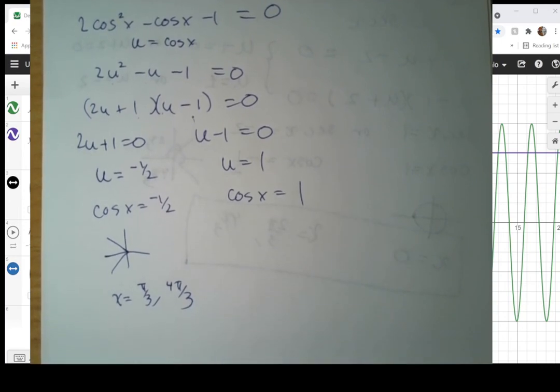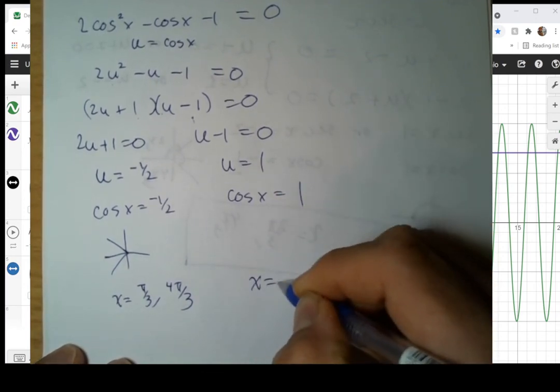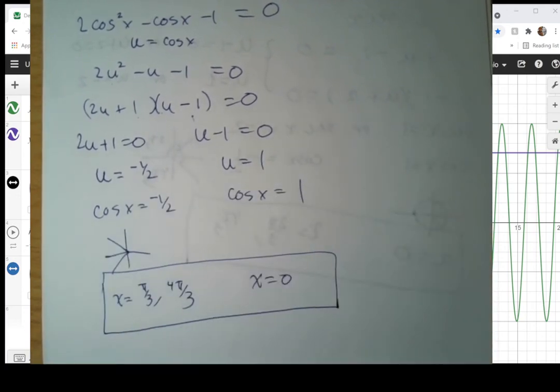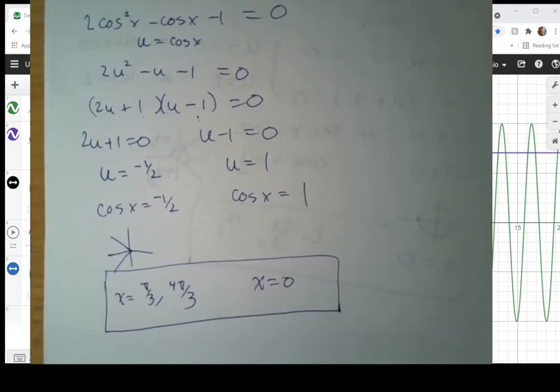Okay, and again, we're looking strictly for values between 0 and 2 pi, so those would be the only ones. Cosine of x is equal to 1. That corresponds to when x is 0. And those are all our solutions in the given interval, between 0 and 2 pi. All right.